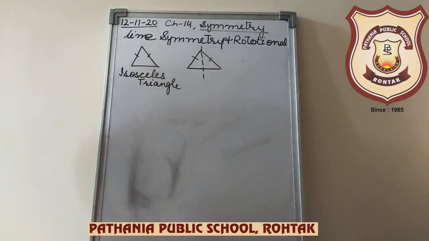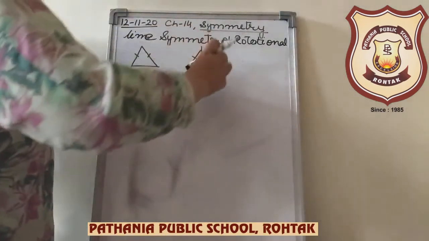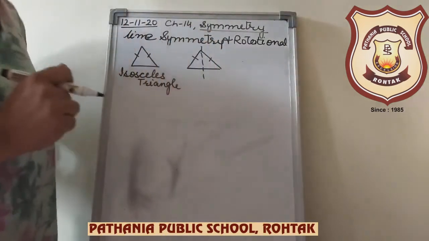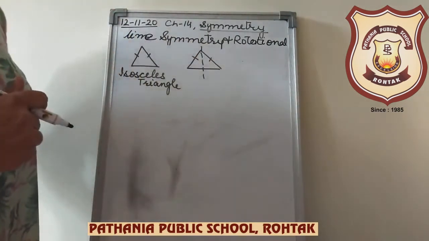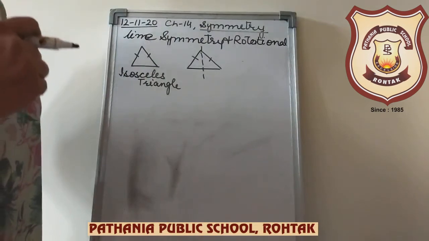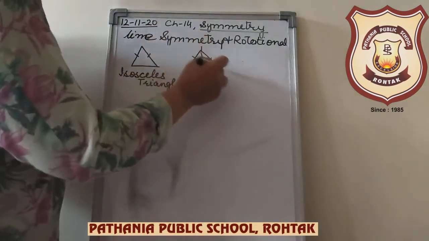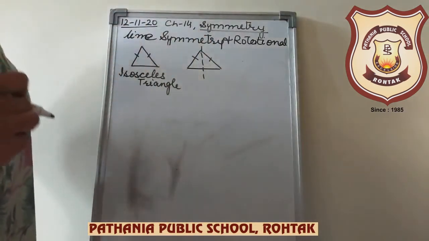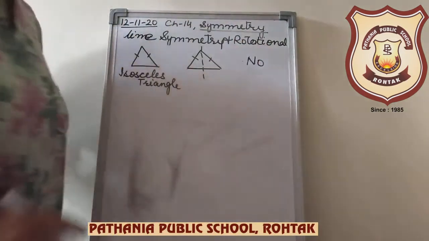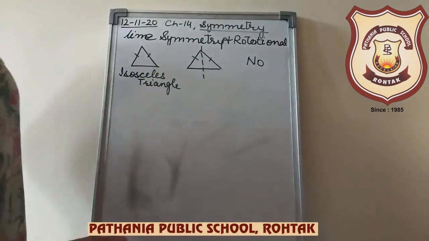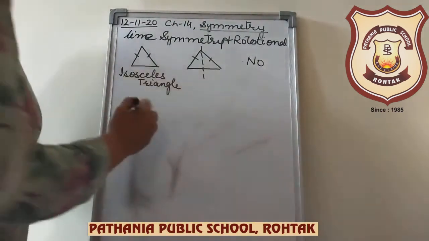The line of symmetry is 1, but if you rotate it about a 120-degree angle, are you going to get the same picture or the same image which was at the beginning, or these vertices are going to superimpose upon each other? No. So it has no rotational symmetry. So the rotational symmetry will not be there.